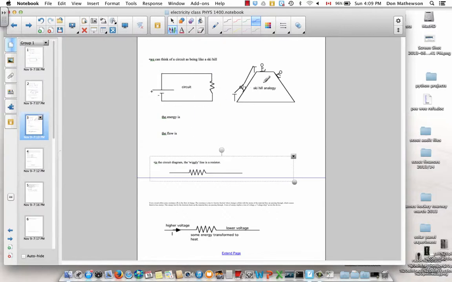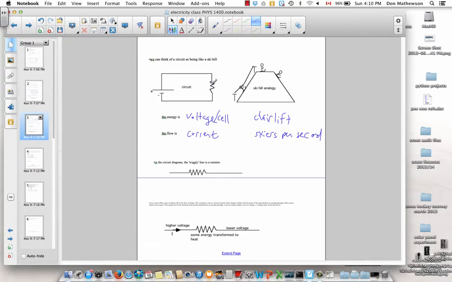So the energy here, for the circuit, it's the voltage, or the cell. That's where the energy comes from. Here, of course, it's the chairlift that provides the energy to go skiing. The flow here, this is the current. And on the ski hill, it's just the skiers per second that are flowing up and down the mountain.